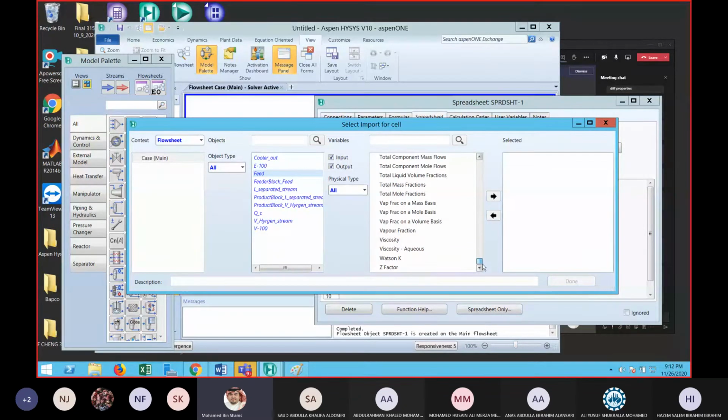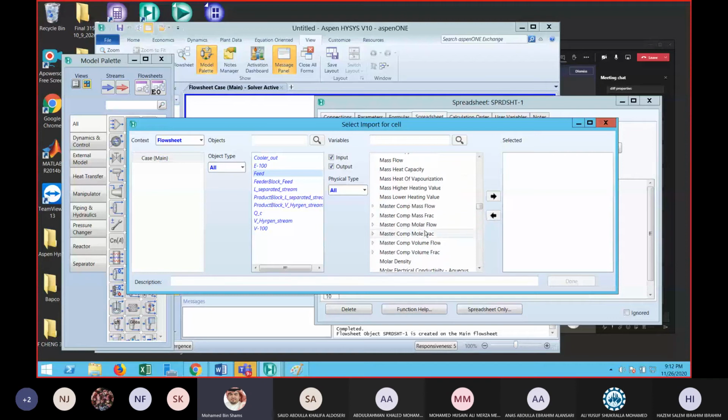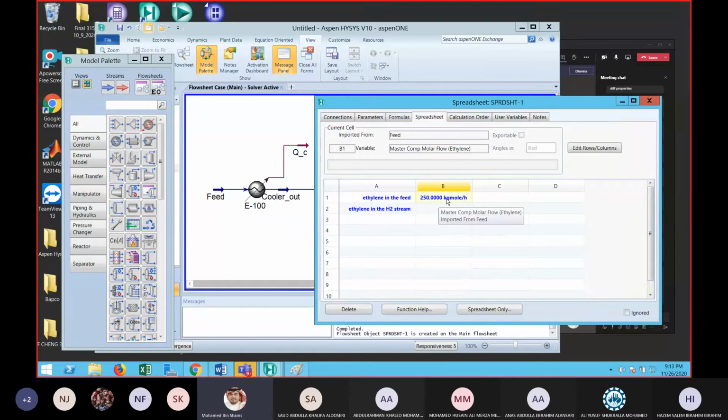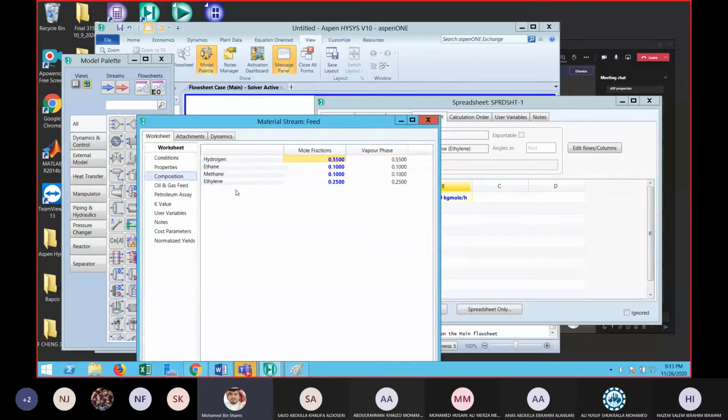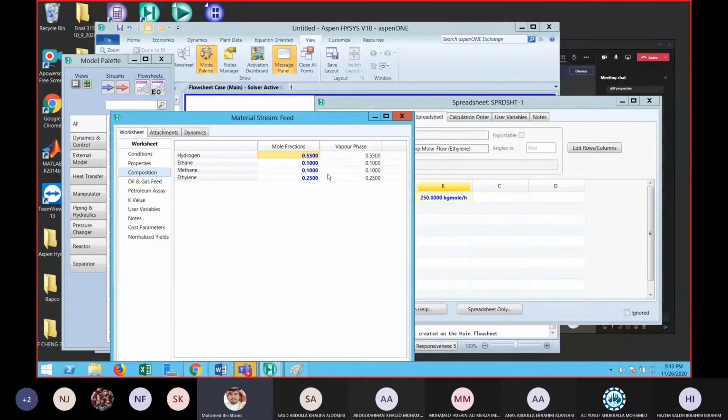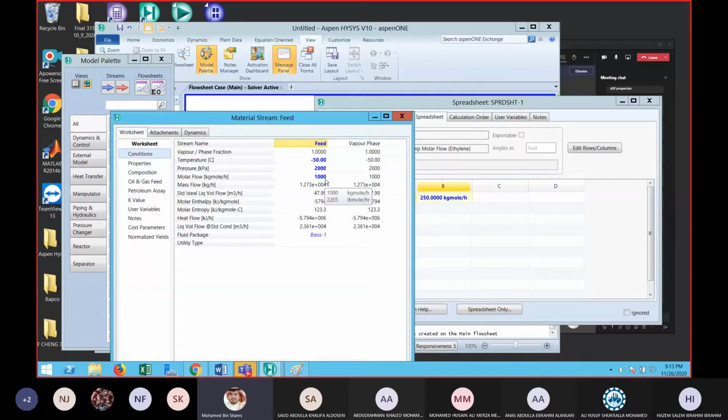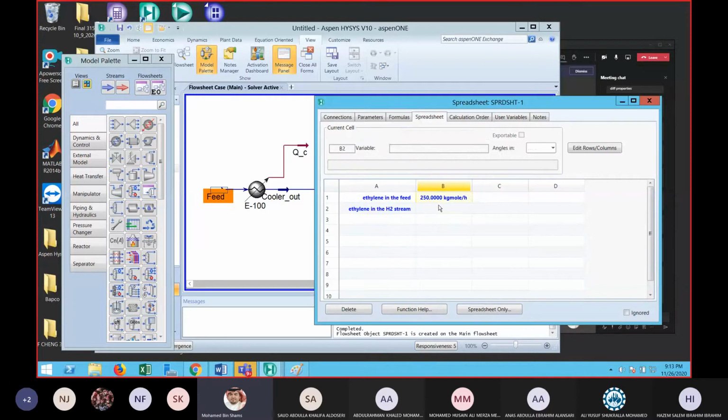Okay, so that's one. The master composition molar flow rate, I want the ethylene, and I select it. You see it is feed dot master composition molar flow rate of ethylene. I say done. Now see, it even brought you its value. If you double click on this, you will see that the whole stream is 1000 but the composition of ethylene is 0.25. So you multiply 0.25 by 1000, which gives you 250.